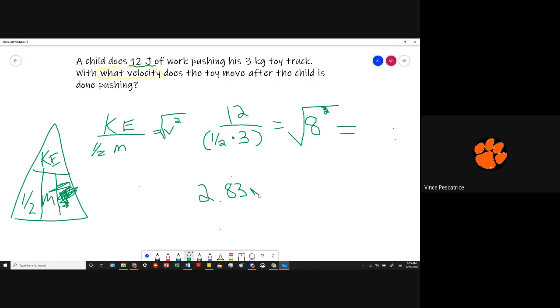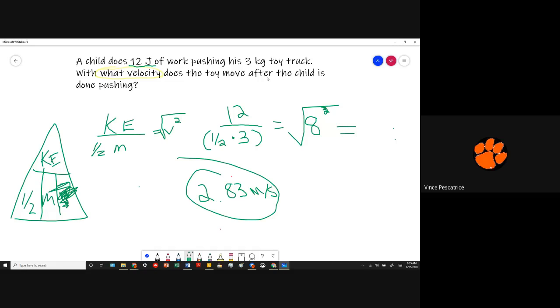That is in meters per second squared. I'm sorry, per second. So again, I apologize for the sloppy handwriting here. I'm trying to do this with a mouse. I should probably invest in a pen of some sort, but can't find it at the moment.